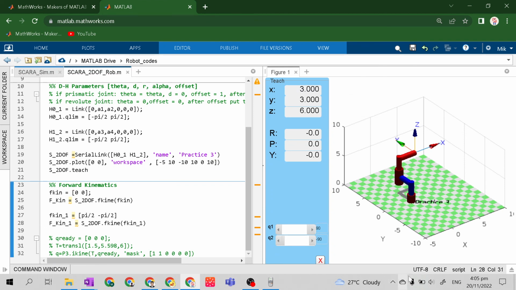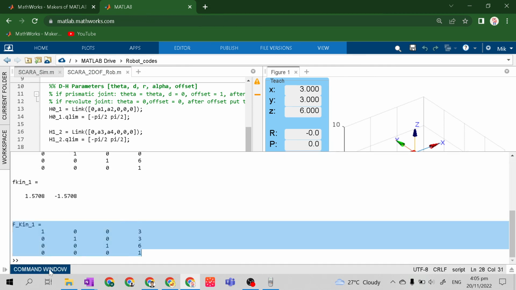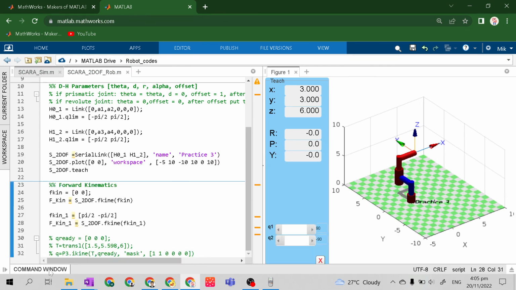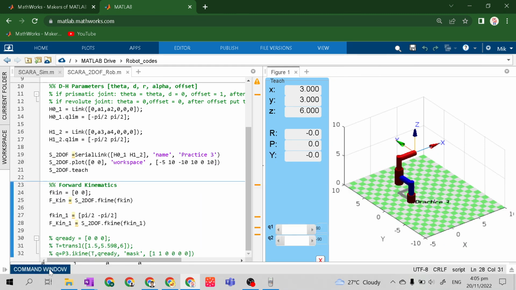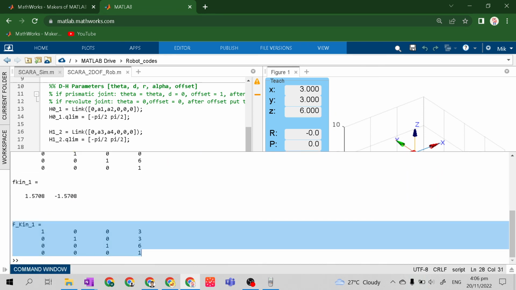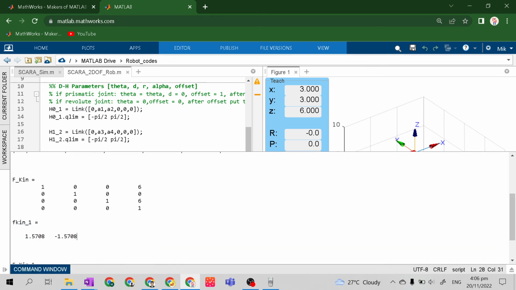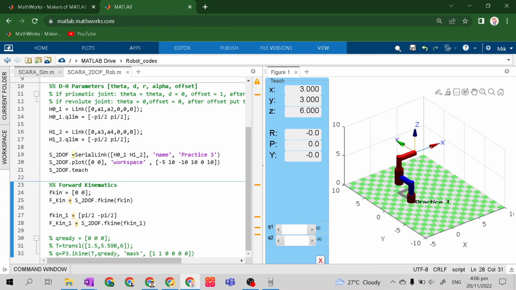So this is the reason why we are using the robotics toolbox, to show if our calculations are correct. This is also proof that we can design a robot manipulator, or a mechanical manipulator.